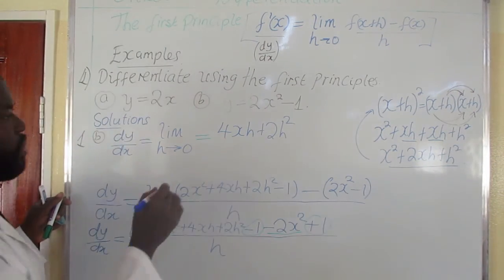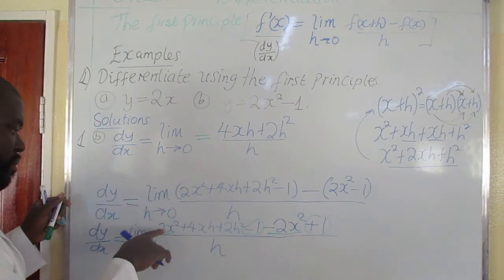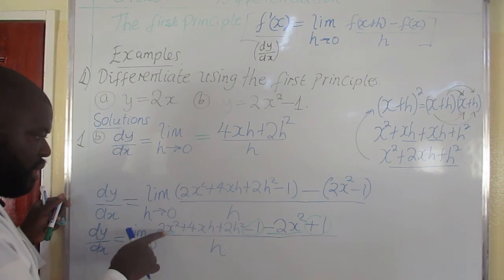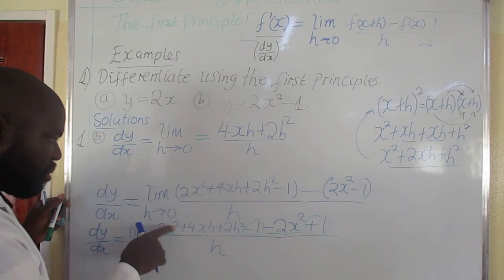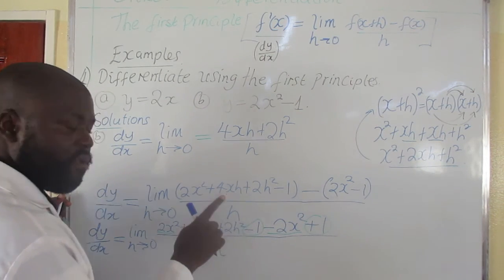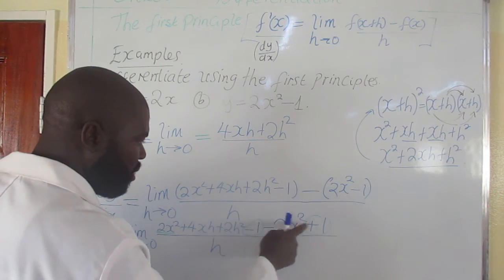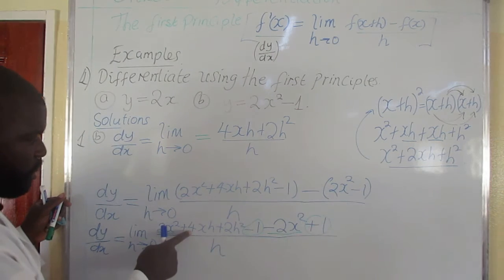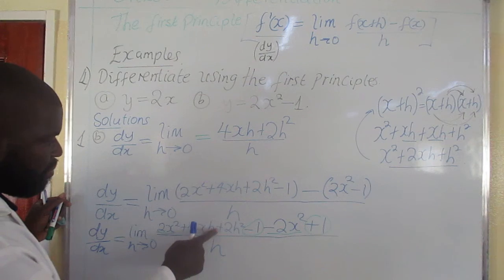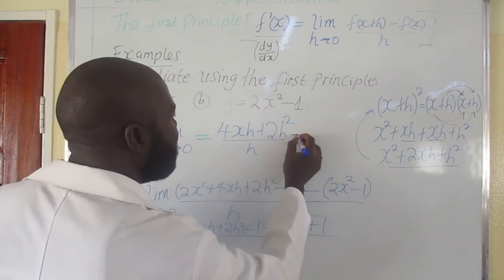That's what we are going to remain with as our numerator. Having subtracted 2x squared minus 2x squared, this will go to 0. Having also added and subtracted minus 1 plus 1, this will also go to 0. So we shall just have 4xh plus 2h squared over h. This is it.